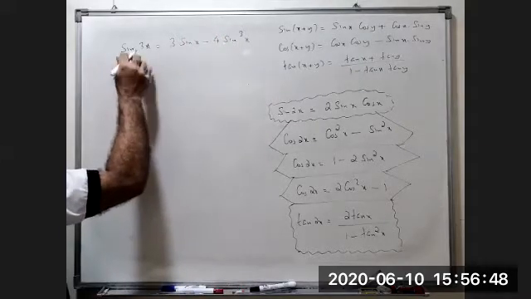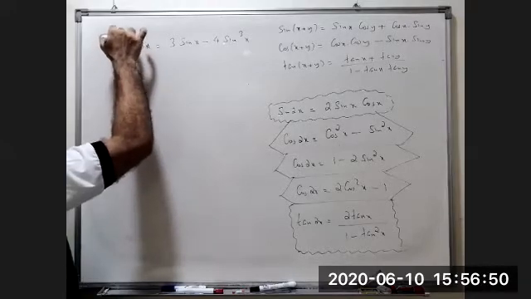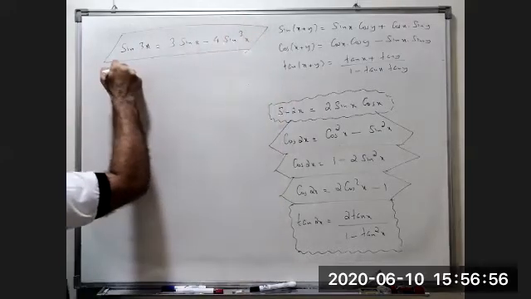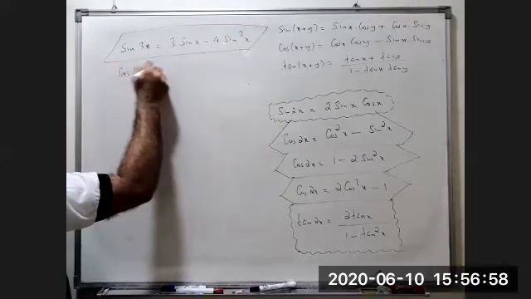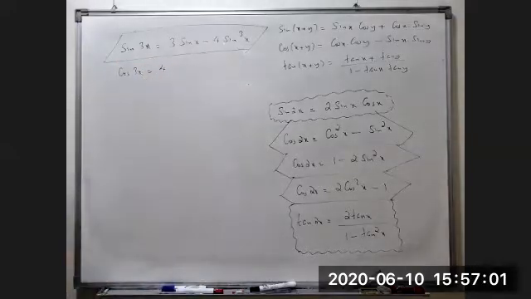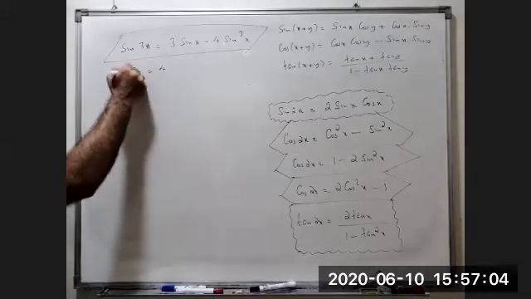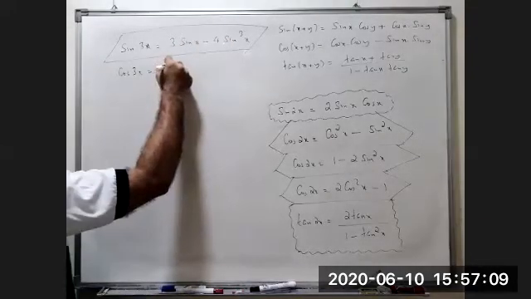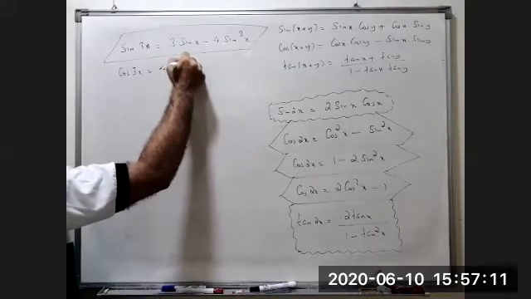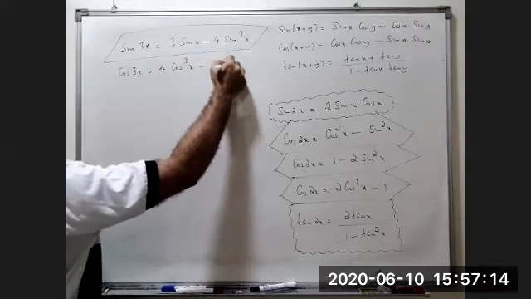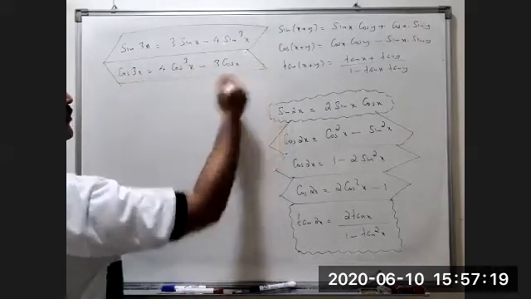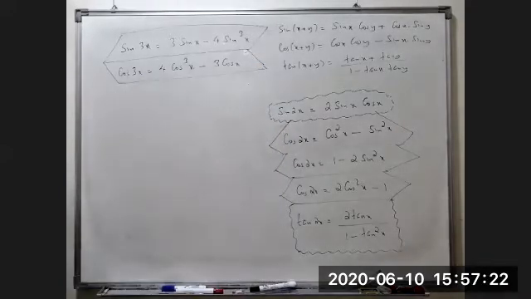And cos 3x will be the opposite of it: cos 3x is 4 cos cube x minus 3 cos x.